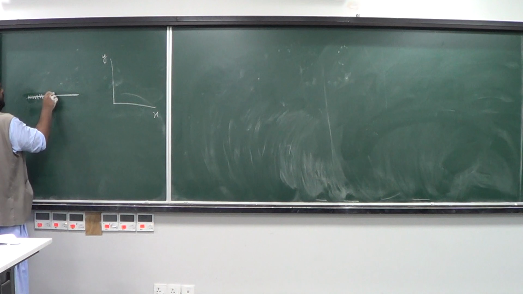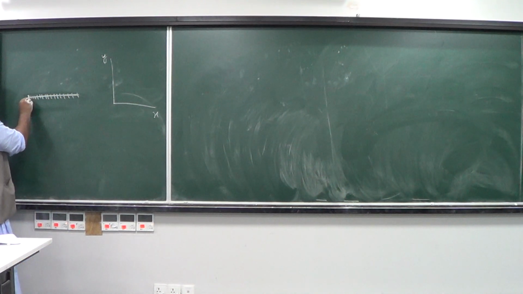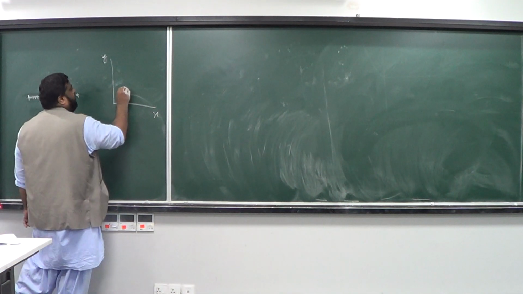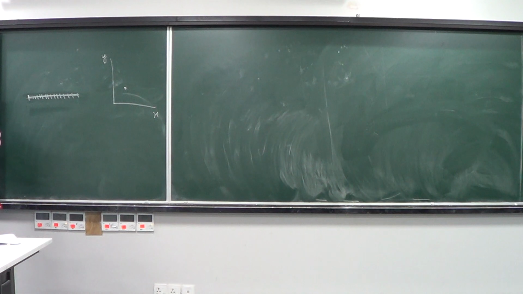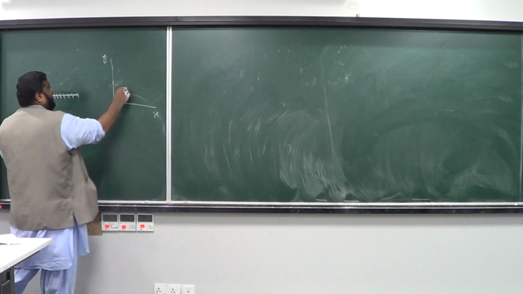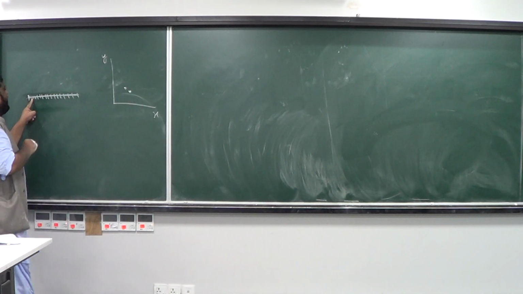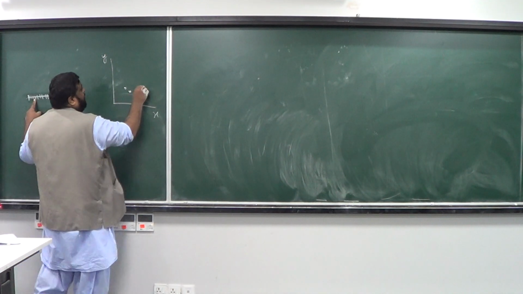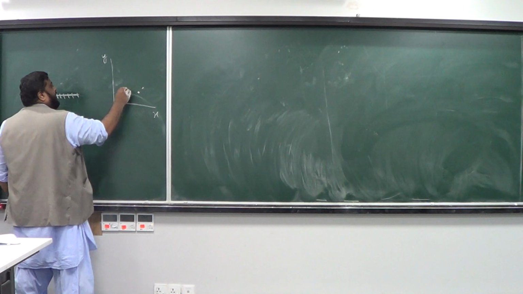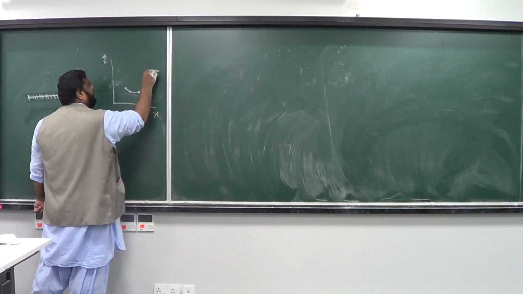To each instant, I'm associating a position. Imagine you have a particle: at this time instant the particle was here, at the next instant here, and at the next instant here. If you combine all positions of the particle, you're going to get a curve.